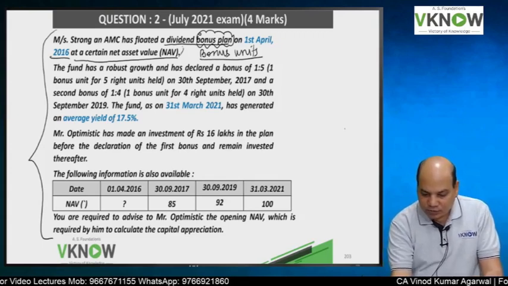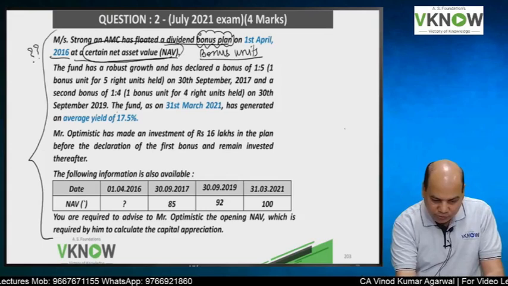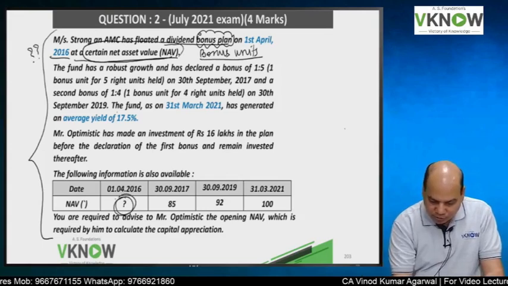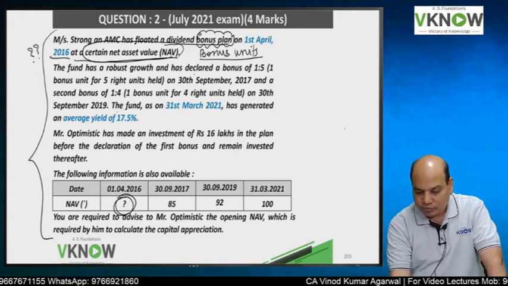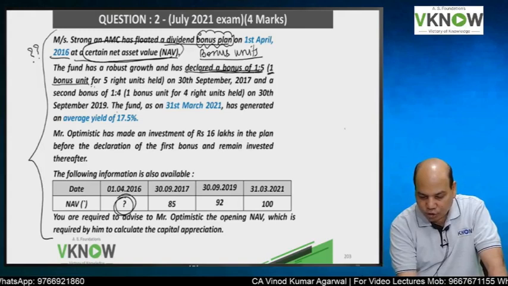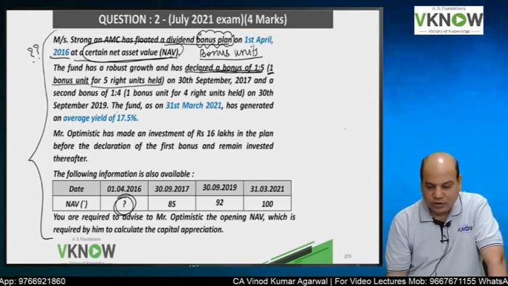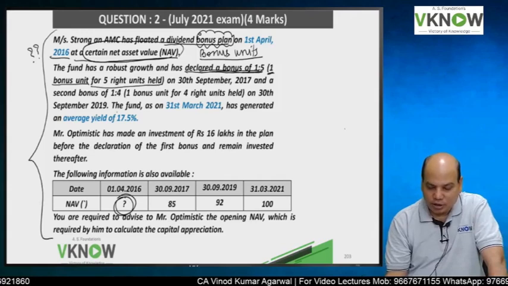At a certain NAV means this is your missing quantity. This is what we have to find. It's printed here also, question mark. The fund has robust growth and has declared a bonus of 1:5, one bonus unit for 5 existing units held.